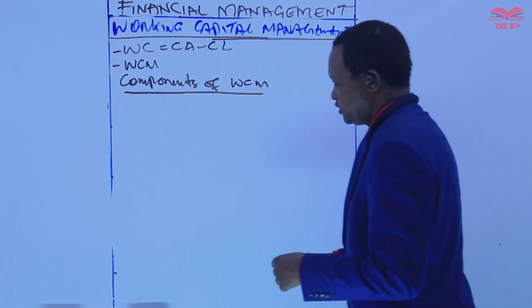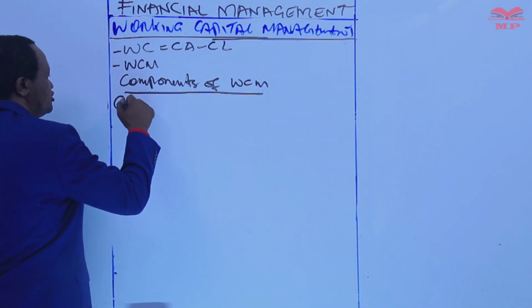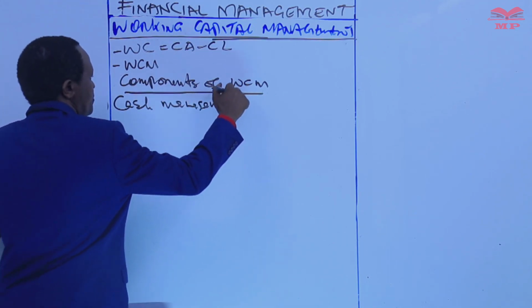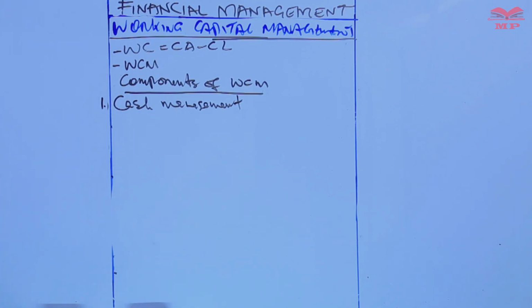Did you hear me read something to do with the cash management? That is subtopic number 10, cash management. Then you have 9, management of inventory, and management of accounts receivable.